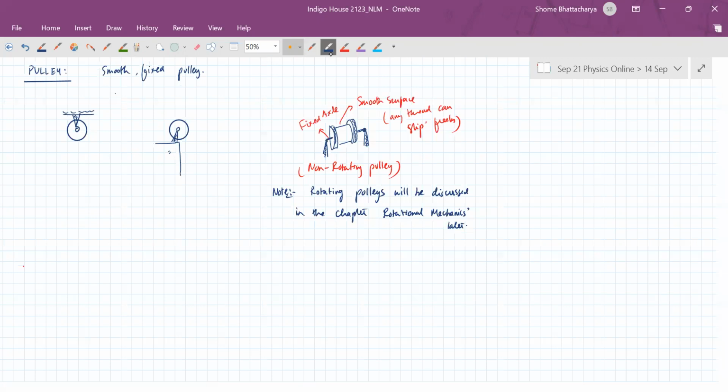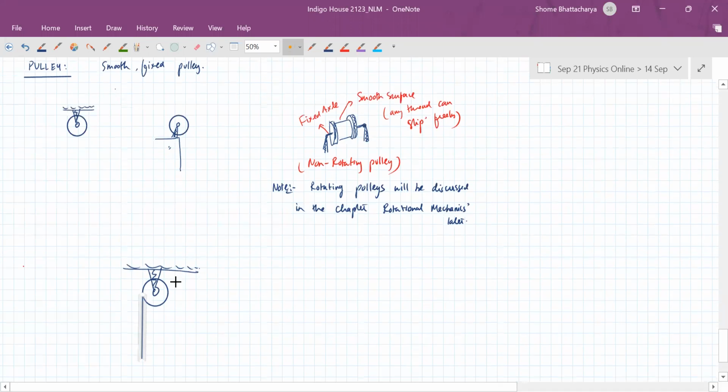It's a very simple example. Suppose we have a situation where a pulley is attached to a ceiling like this here, and a light thread goes around the pulley like this.